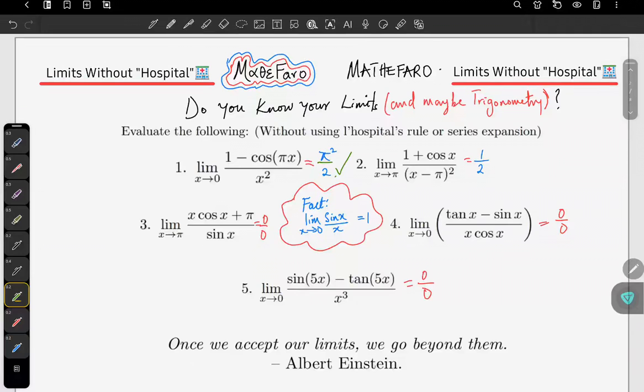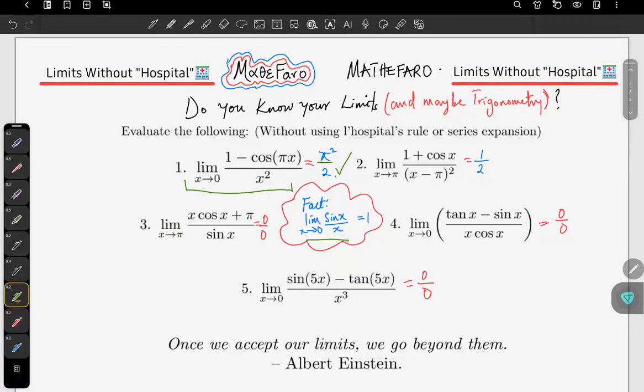This is the third video in the series where we explore ways to evaluate the limits of certain functions without the use of L'Hopital's rule or series expansion. In the first video, we saw how to use trigonometric identities and the basic fact to compute the limit of this function without using L'Hopital's rule. We get pi squared over 2.